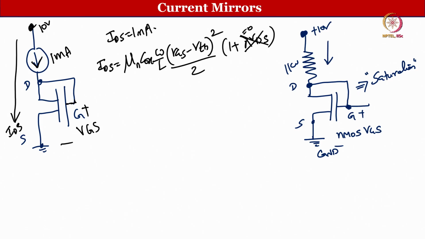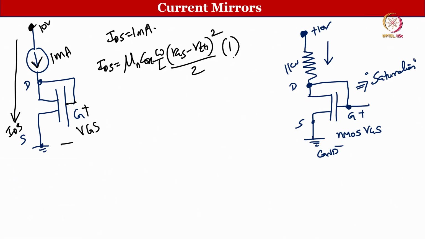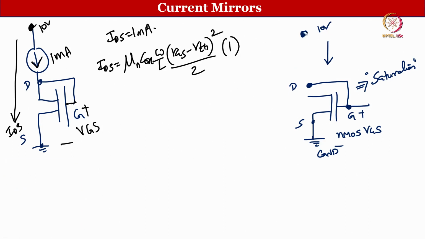I am not saying VDS to be 0, I am saying lambda equal to 0, right, let us assume that for a simple discussion. Now, let me erase the right part.